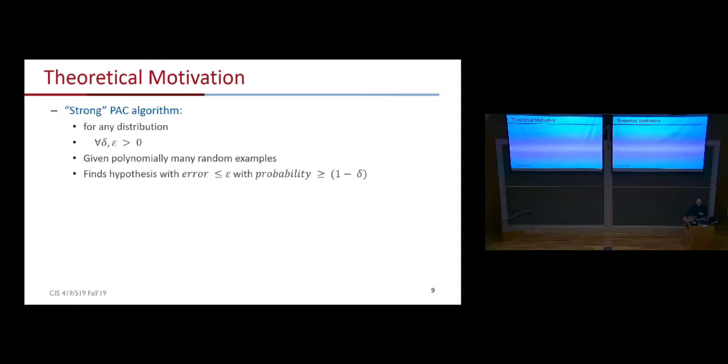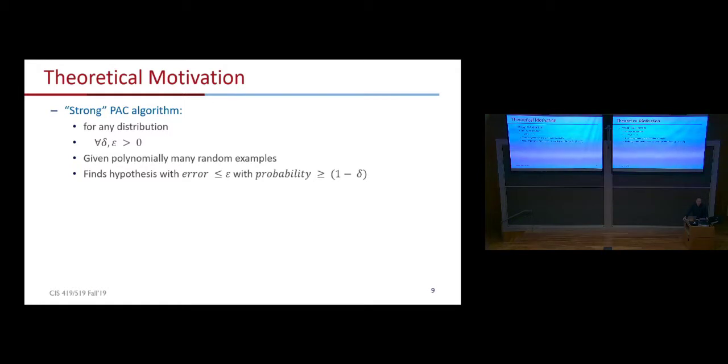Okay, so as I said, this started with a theoretical motivation that also has a PAC angle to it, which you'll see in a second. You all know about the PAC algorithm, which today I'm going to call the strong PAC algorithm.